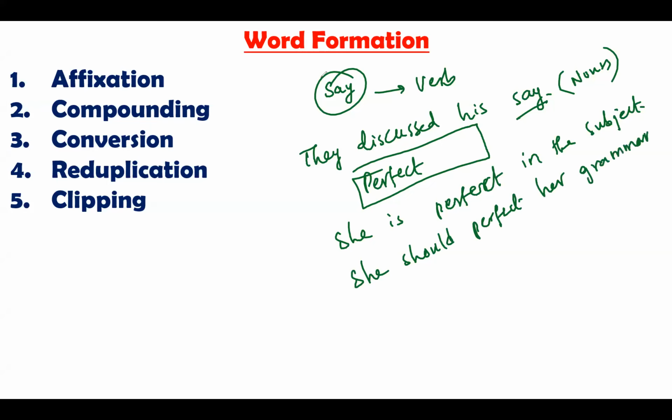What is the part of speech for perfect here and perfect here? The first one is an adjective. And here perfect is a verb. So an adjective is also used as a verb, and that is the reason this technique is known as conversion. We call it conversion.